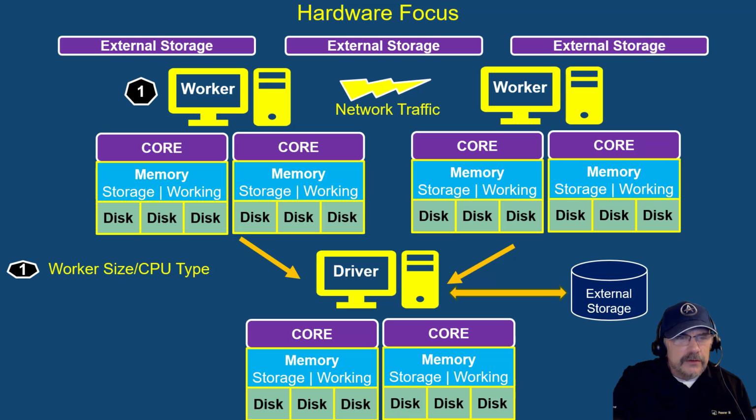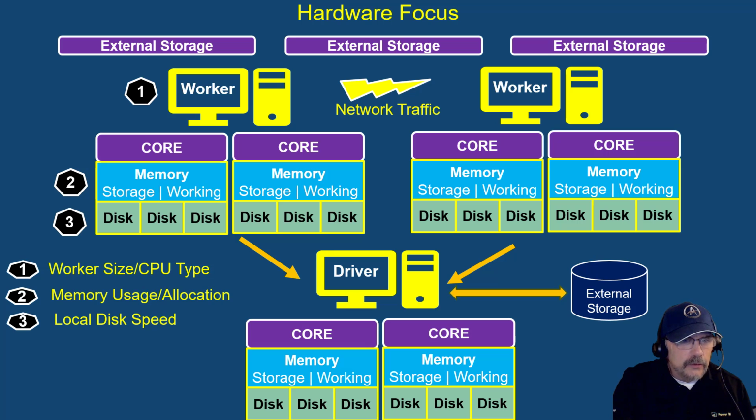So to review this, we have worker sizes, right? Worker size and CPU type. We're going to go into more details about that. What does that mean? You actually have some control over the type of CPU you pick, and also how much memory and how many cores they have. The memory usage and allocation is something that by default you won't control, but you can do things to tweak that and maximize some optimization when you're running your actual jobs.